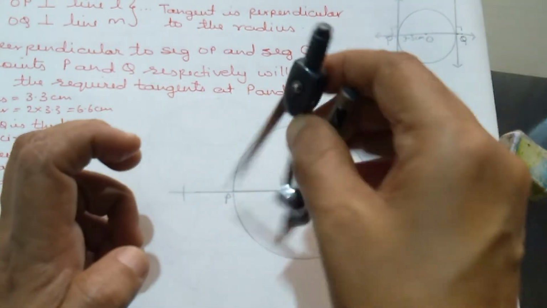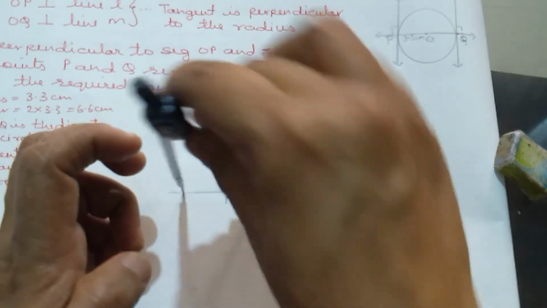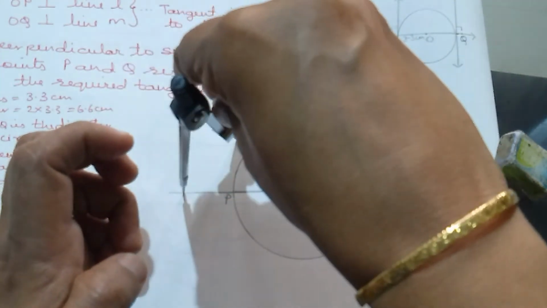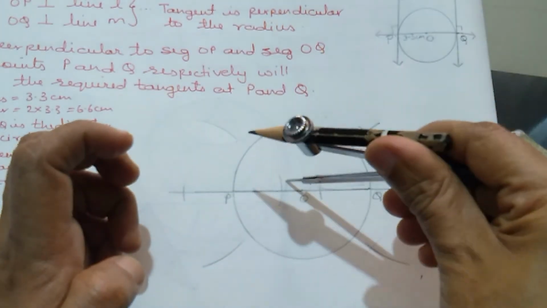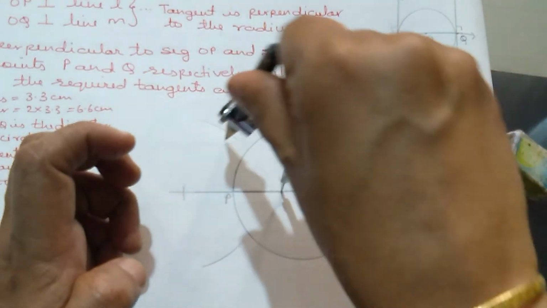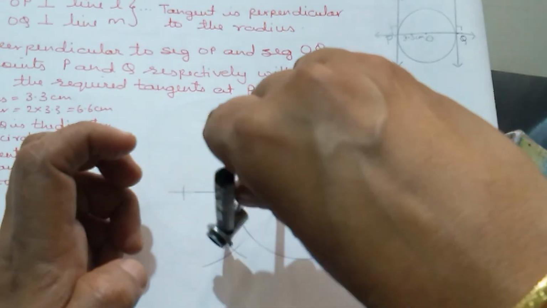Same way over here, keep once over here the rounder and draw an arc on the top and draw an arc at the bottom. Then keep the once over here and draw an arc on the top as well as at the bottom.